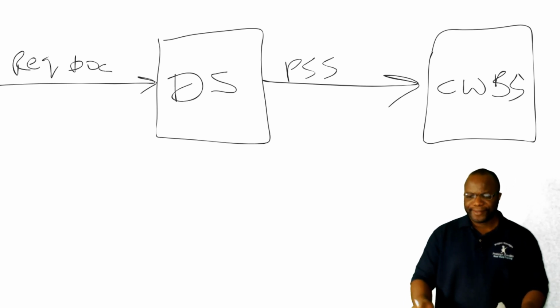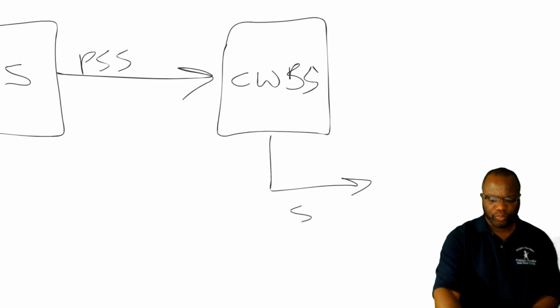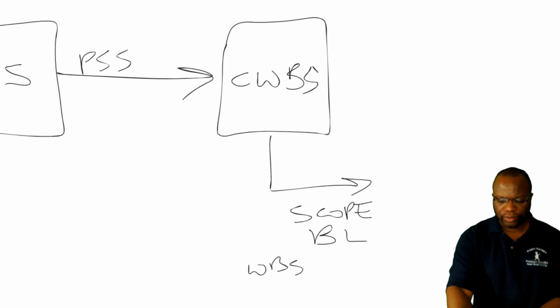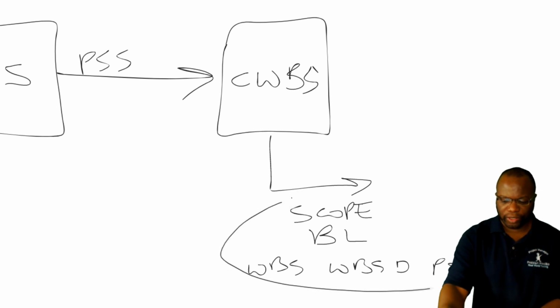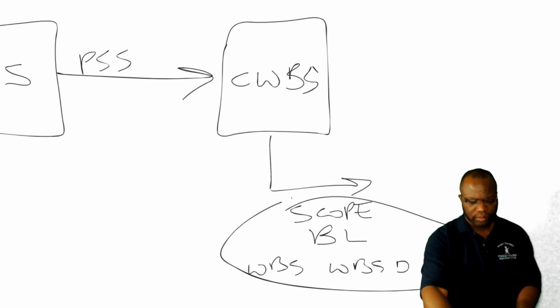And create WBS is where we get an output known as the scope baseline. The scope baseline contains the WBS dictionary, and the project scope statement that we just talked about. All of those make up the scope baseline.